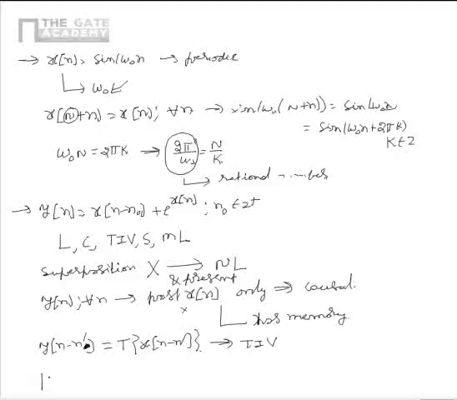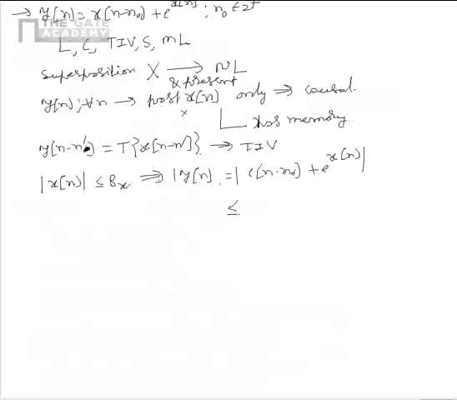For checking BIBO stability, let us assume that mod of x of n is less than or equal to Bx, that is, the input is bounded. From this, we can also show that mod of y of n is equal to mod of x of n minus n naught plus e power x of n. This is less than or equal to mod of x of n minus n naught plus mod of e power x of n.